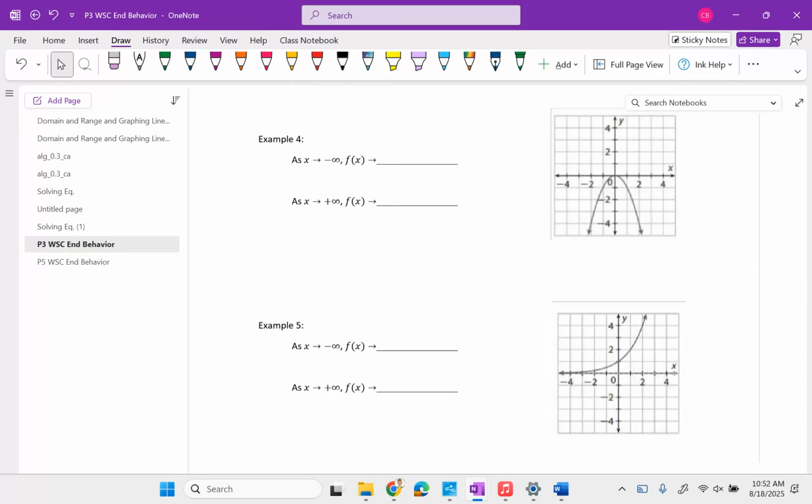Give you about 20 seconds on your own. Okay, I want you to check it with somebody at your table really quick. See if you guys match your answers. Double check with your table partner.